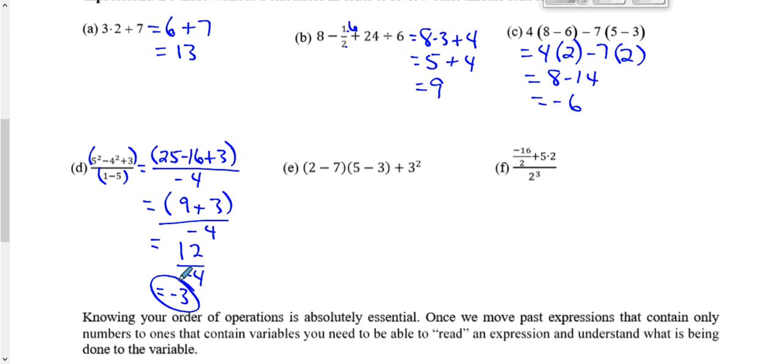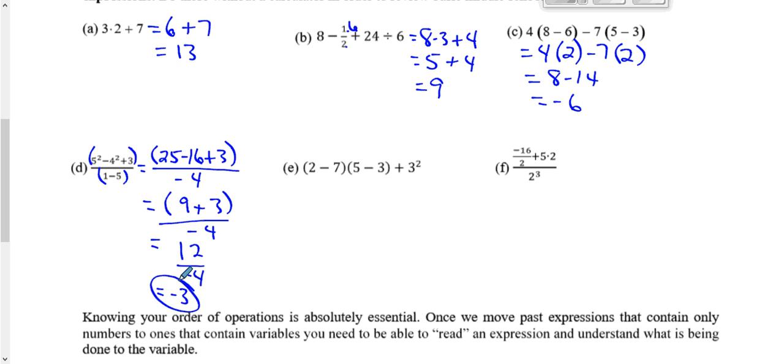Let's move on to E. We have some parentheses and we have some exponents. Okay? Now I don't want to confuse you here, right? But there's PEMDAS, P, parentheses, then exponents, right? But you notice the exponents are kind of separate. Could we do them at the same time without altering anything? Yeah, we could, right?